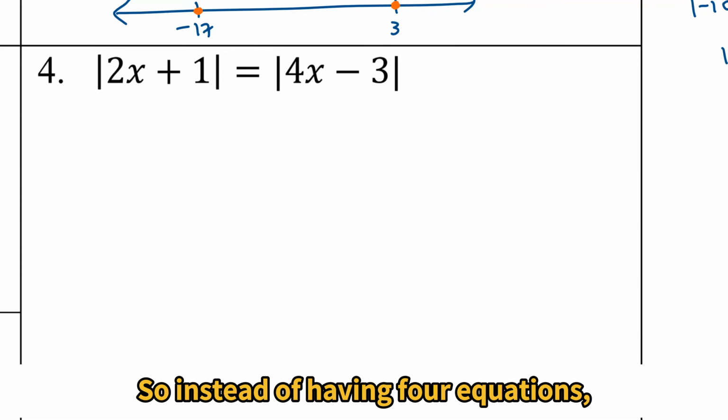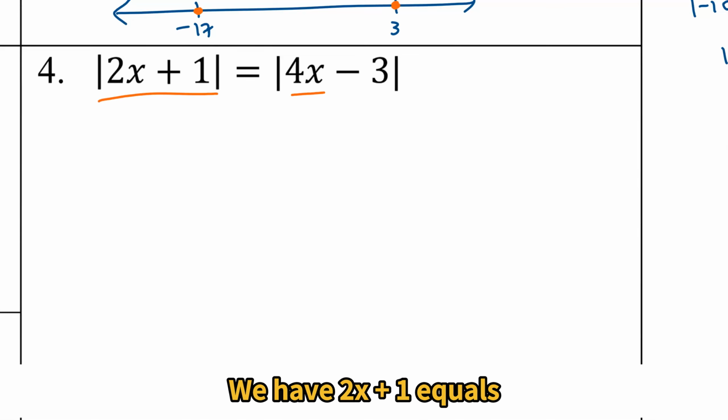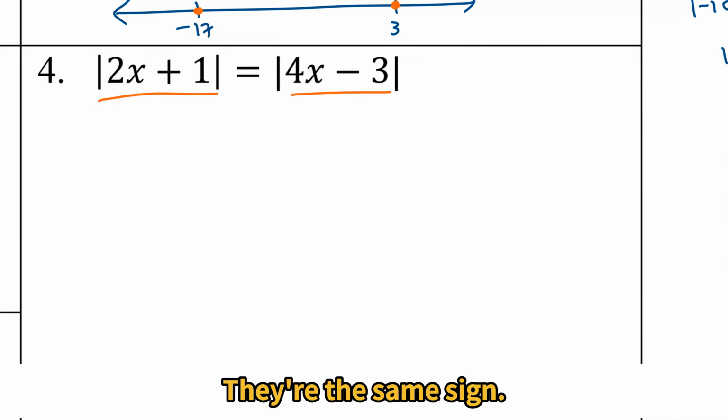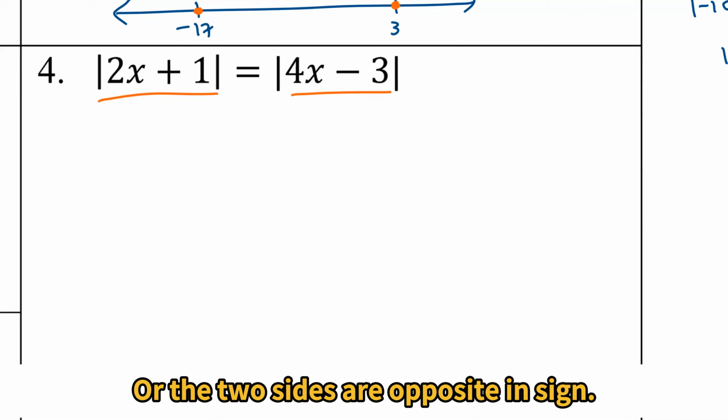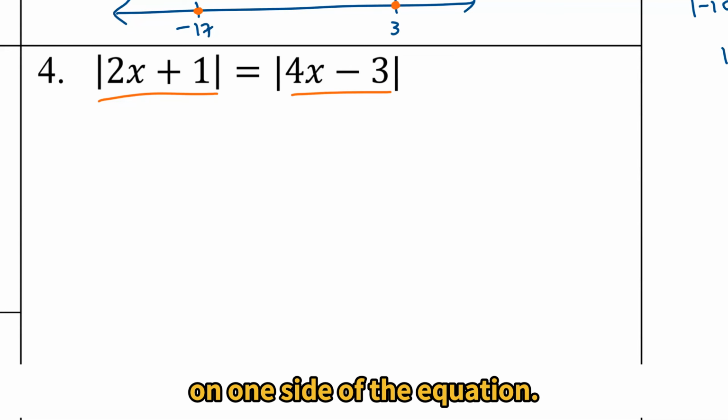So instead of having 4 equations, we really have 2. And here's what I mean by that. We have 2x plus 1 equals 4x minus 3. Just drop the absolute values. They're the same sign. Or the 2 sides are opposite in sign. Opposite in sign just means we have one negative sign on one side of the equation.